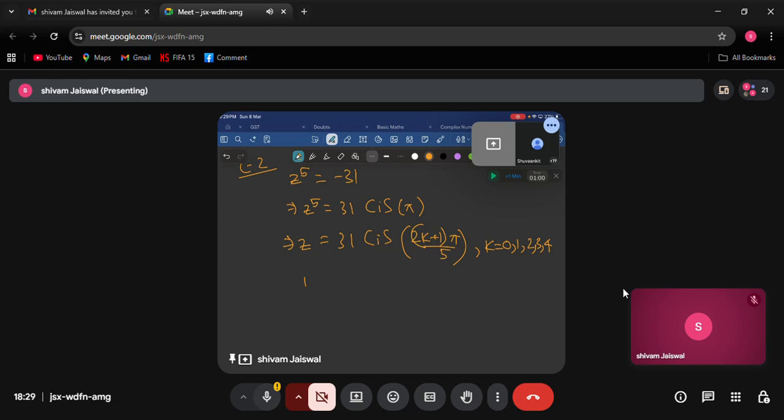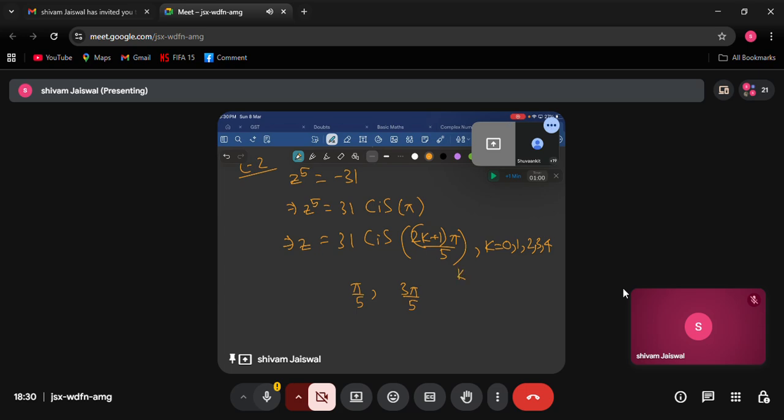Wait a minute. For k equal to 4, it will be 9 pi by 5. Wait, for k equal to 0, it is pi by 5. It's not negative. For k equal to 1, it is 3 pi by 5. Cos 3 pi by 5 is negative.